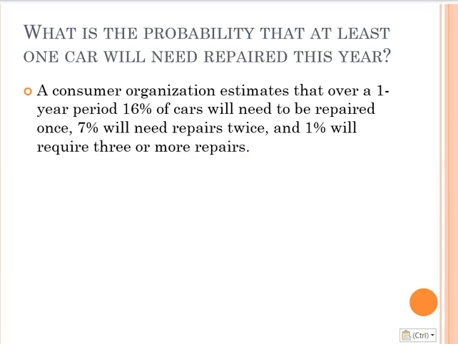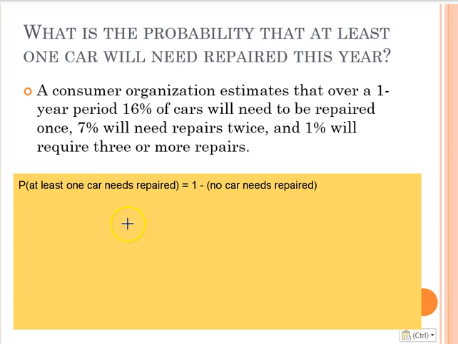The last problem that I'm going to do then focuses on the complement rule, and we're going to use our answer from the last one to answer this question. So the question asks, what is the probability that at least 1 car will need repaired this year? So when we focus on the probability that at least one car needs repaired, there's a lot of different ways that one car might need repaired. So it's much easier to calculate the opposite and subtract that opposite from 1.